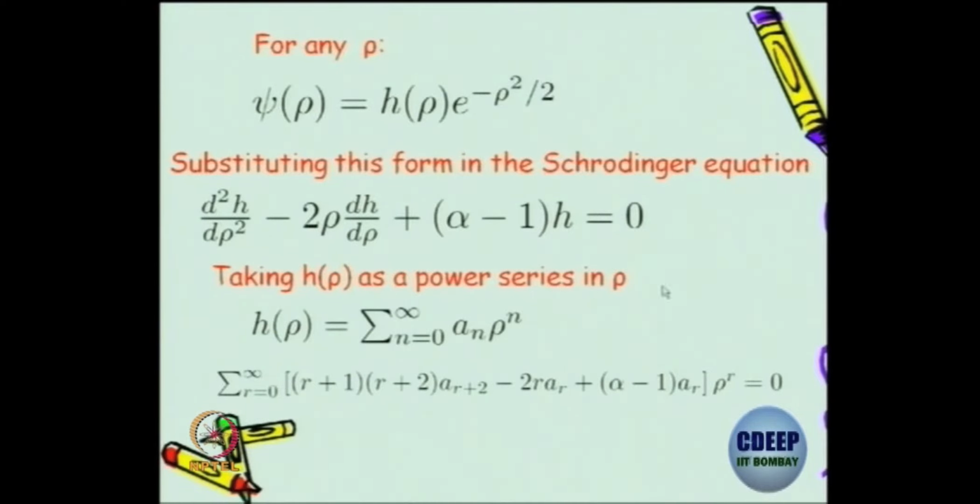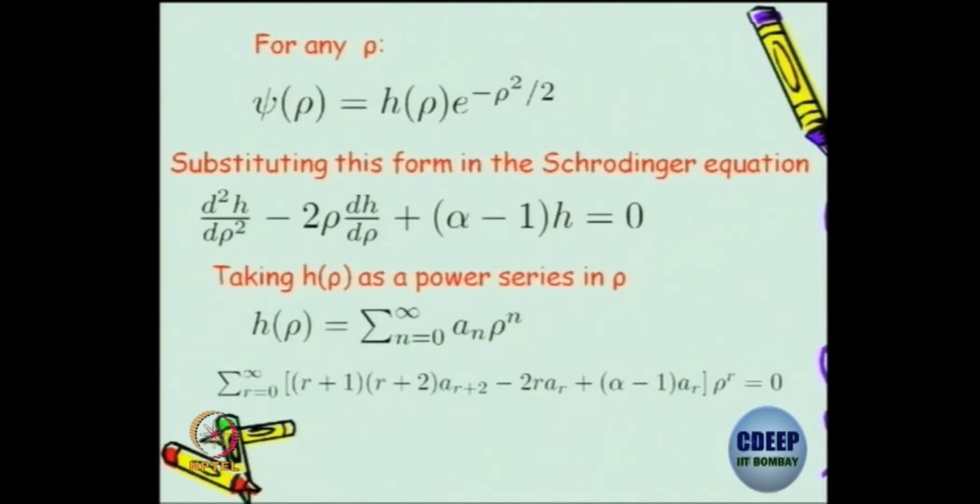Then what do you get? You get kind of a series which are dependent on the coefficients. The a_r's are the coefficients. You get a series like this. For every power of rho to the r, you can group the terms accordingly. Please do the step. Go from this step to this step by substituting h of rho.